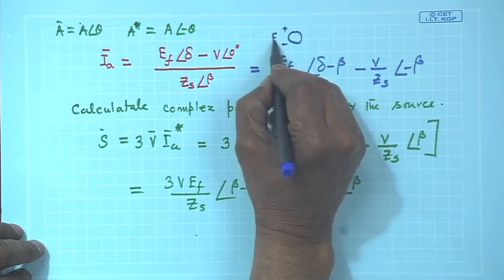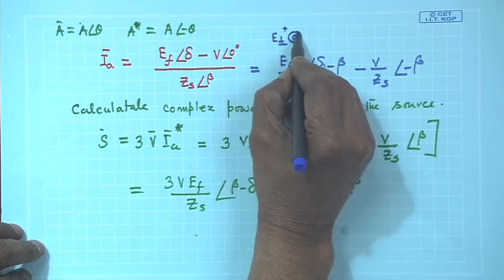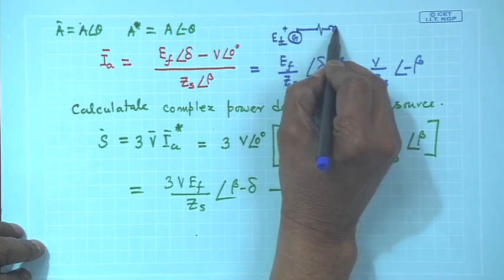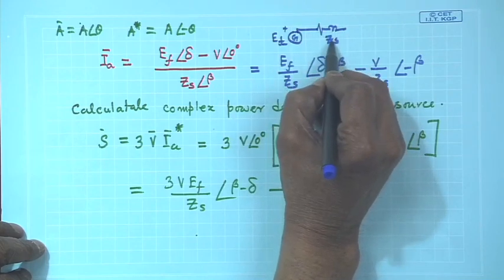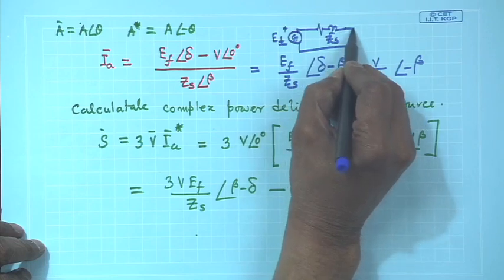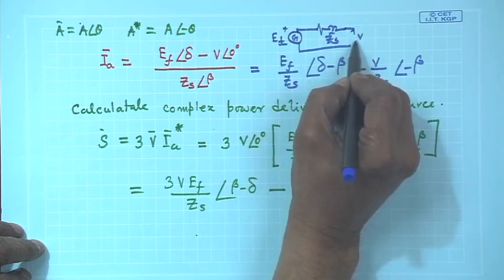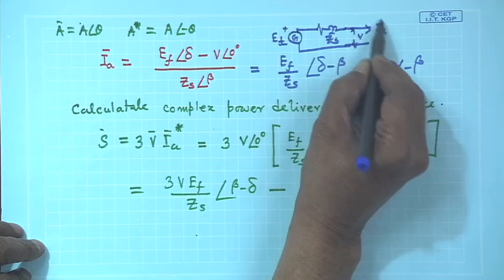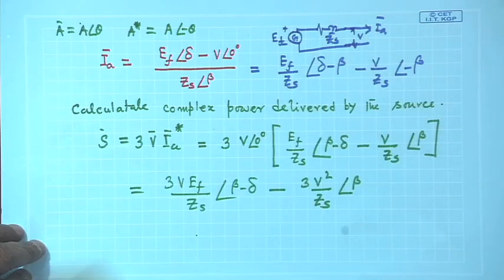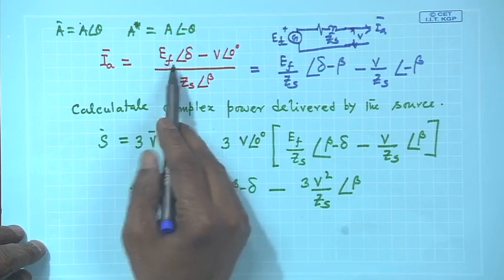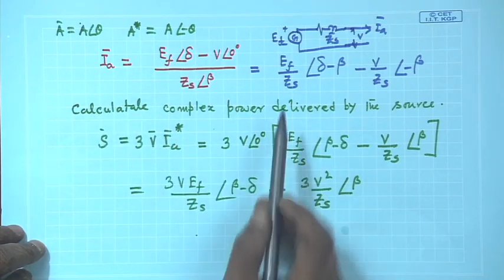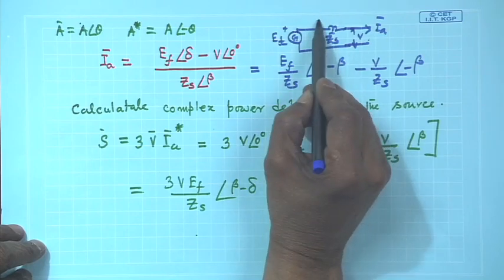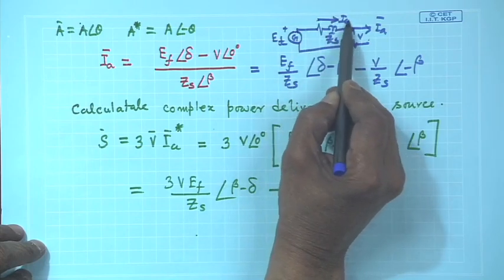This is EF and it is generator mode, that you also do not forget to write, and this is your impedance ZS, and then this is your terminal voltage V, and it delivers a current of IA bar. And this is how IA can be found out. You find out this voltage minus this voltage by ZS, this will give you current in this direction.